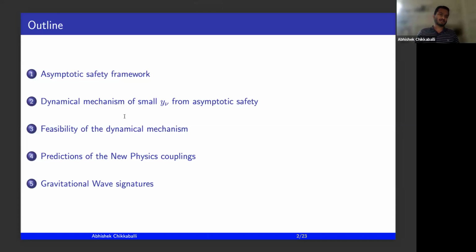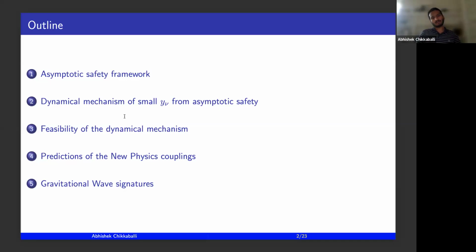So the outline of this talk: I'll briefly introduce the asymptotic safety framework, which most of you know quite well. And then I'll be talking about the dynamical mechanism that I just mentioned, how this comes about in this asymptotic safety framework. Then I'll be showing how viable such a mechanism is when we consider the asymptotically safe quantum gravity perspective.